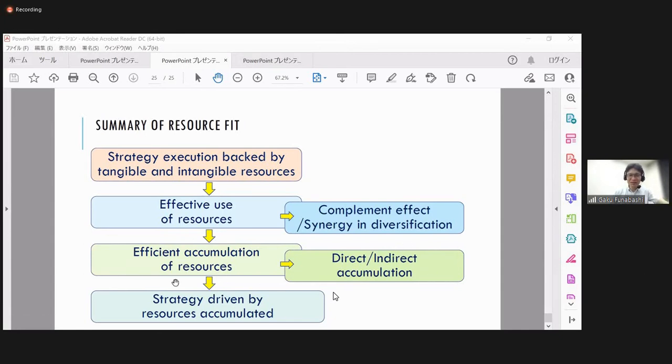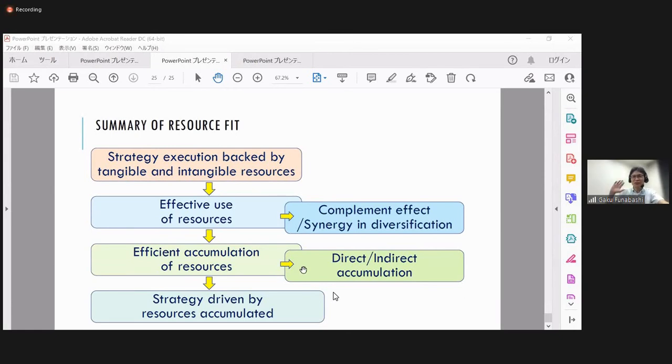And lastly, I talked about the strategy driven by resources accumulated, with the case of Apple and also the case of Honda, which I explained today. If you can accumulate the resources, then you can get some ideas using those resources, which are very unique, different from others.